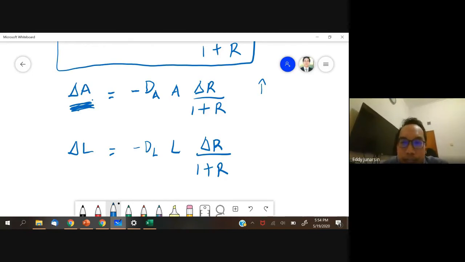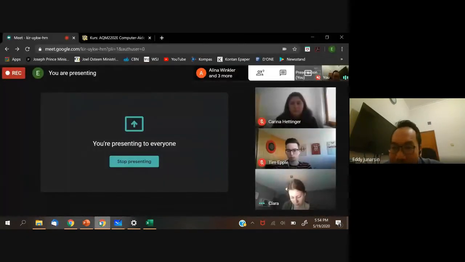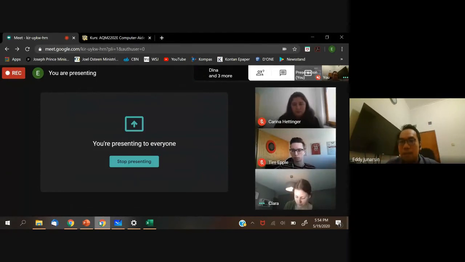Maybe you have studied this in financial management. So increasing market rate will lead to decreasing value of an asset. There's an inverse relation. We'll see more about this in subsequent chapters, but you see the logic.